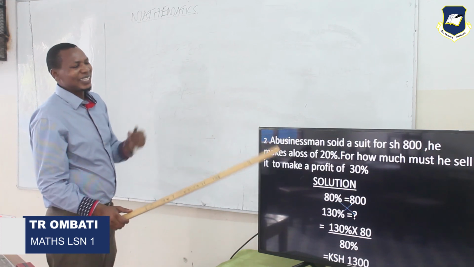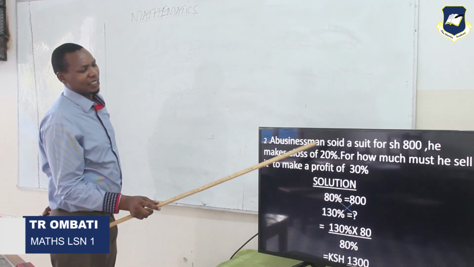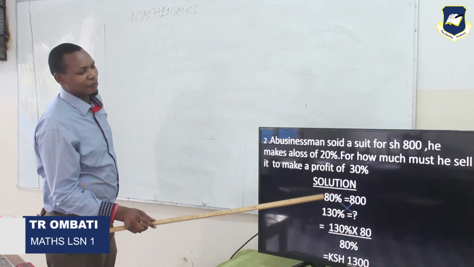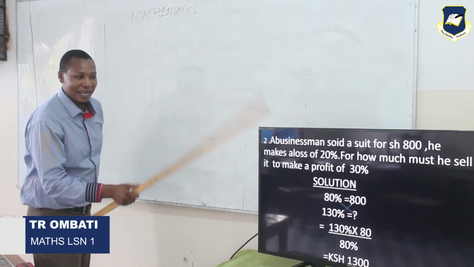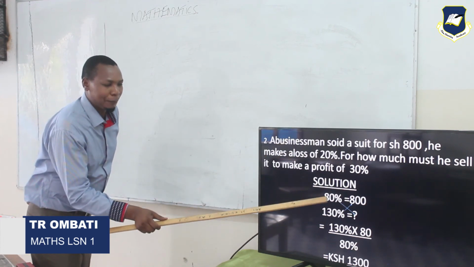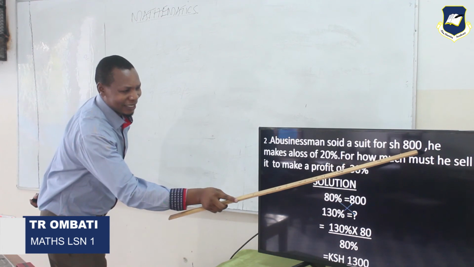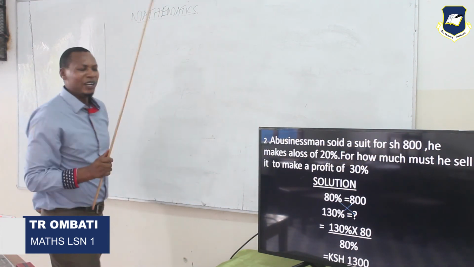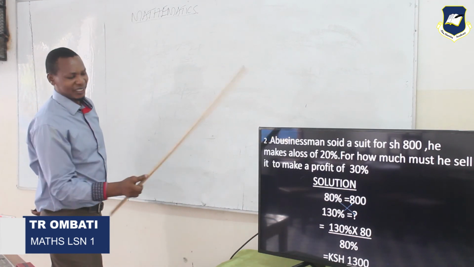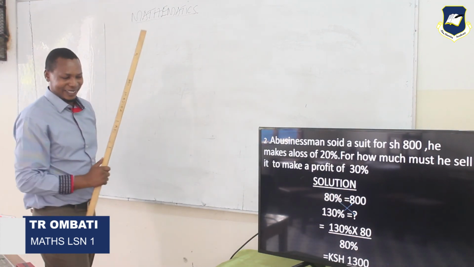So at what percentage did he sell it? 100 minus 20, we have 80%. So this person sold that suit at 80%, which was 800 shillings. The selling price was 800 shillings, which is equivalent to 80%. So we say 80% is equal to 800.